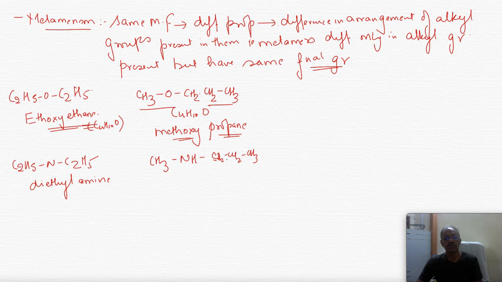Same thing. 1, 2, 3, 4 carbons. 4, 4, 3, 7 and 3, 10 and 1, 11. Here 5, 5, 10. Oh, sorry. Here it has to be H, diethylamine. So it will be C4H11N, diethylamine. And this will be methyl. Propyl is the longest. So methylpropylamine.